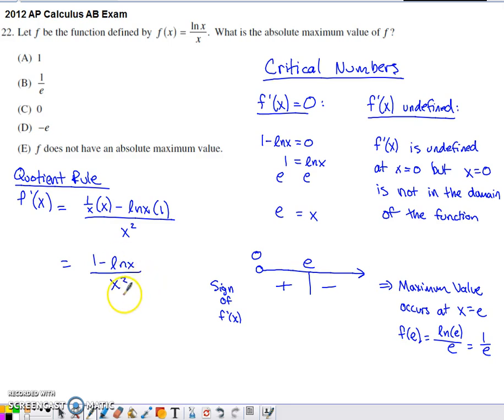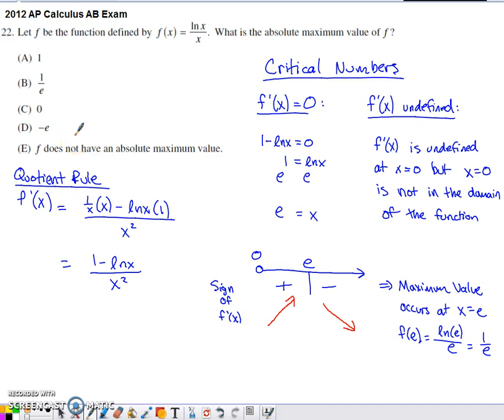Taking that negative value and dividing by 500 squared is going to keep it a negative value. So our function is increasing from 0 to e. Our function is then decreasing from e onward to infinity, and that indicates to us that our maximum value occurs at x equals e. You look at your options though, and e is not one of them.